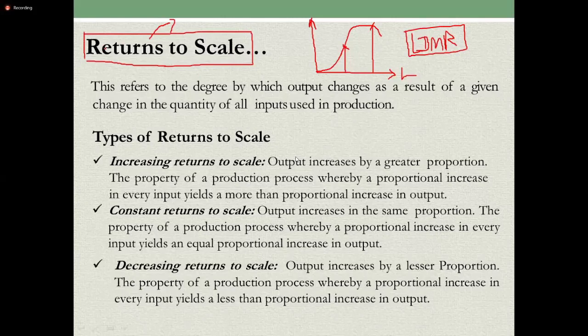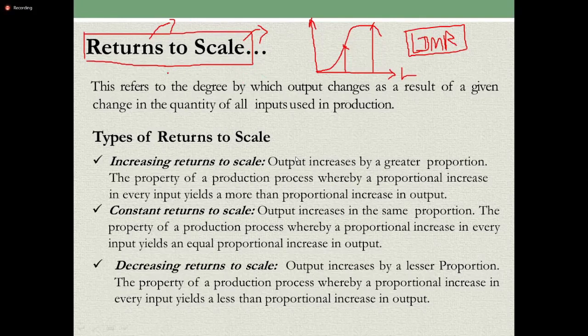Right? So returns to scale means what happens to your output when the input is changing, or else what amount of output is changing when your input is changing in a proportional, percentage manner, in which percent the output changes by increasing the input percentage.